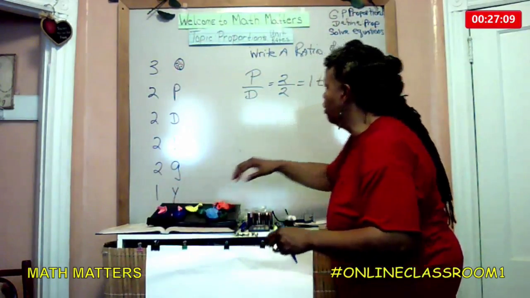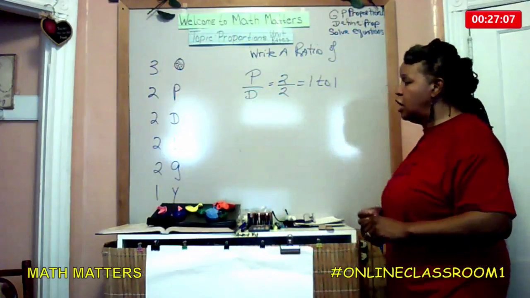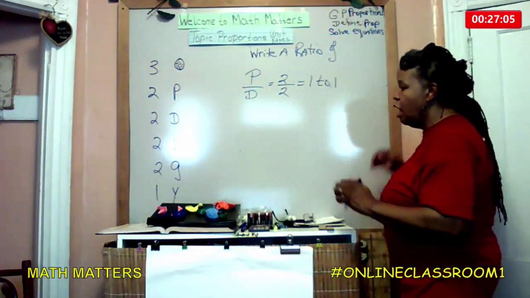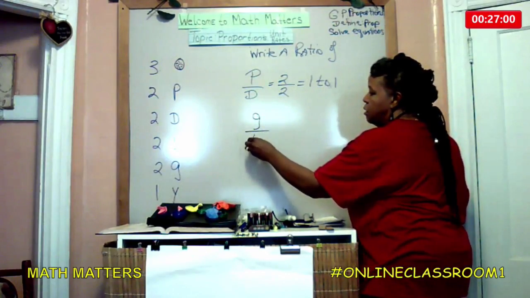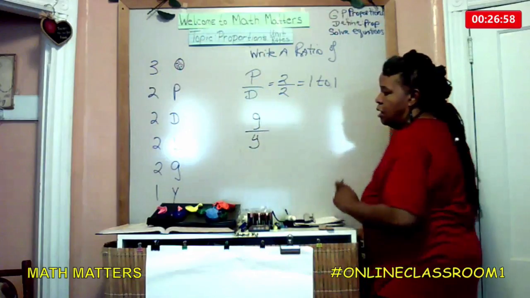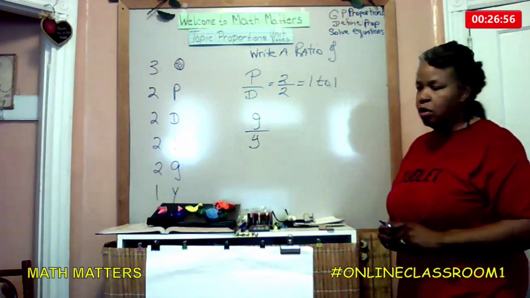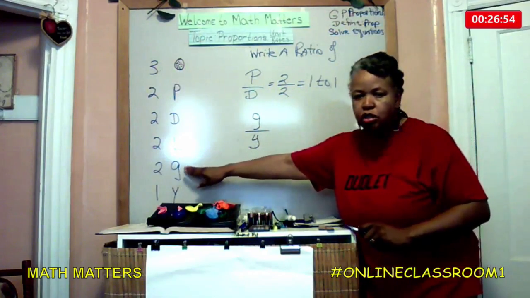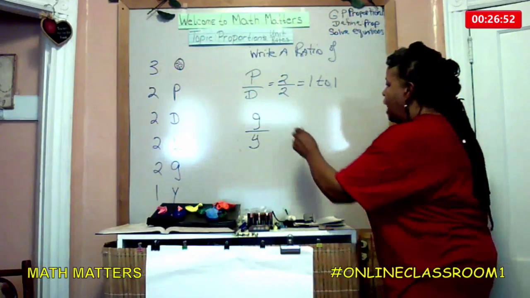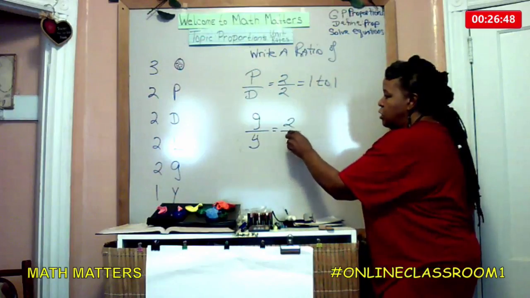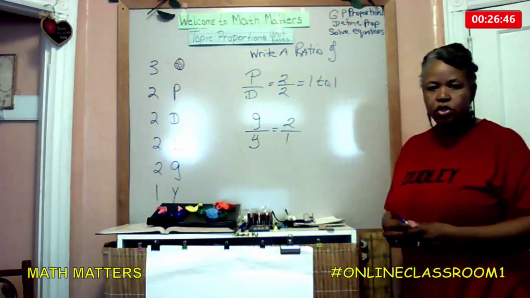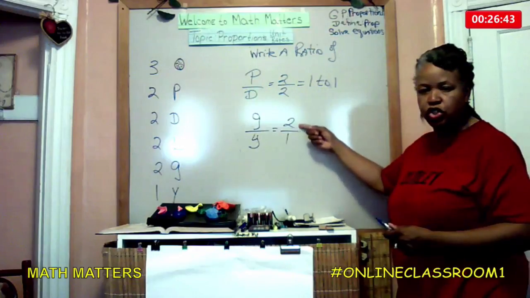All right. So, if I wanted to find the ratio of green to yellow, I would go to my green, and I know I have 2 green to 1 yellow. 2 to 1 ratio.